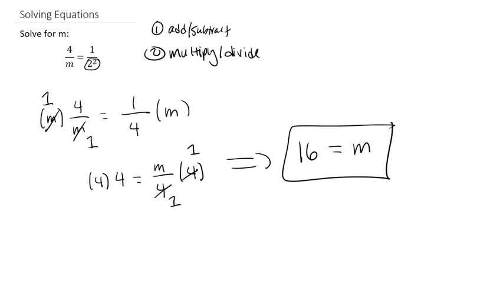Now, if you want to check to make sure that this is correct, let's just plug m into our original equation. So we have 4 over 16, and then we have 1 over, and we know that 2 raised to the second power, as we've shown right here, is really just 4. So we want to know if these two things are equal to each other.